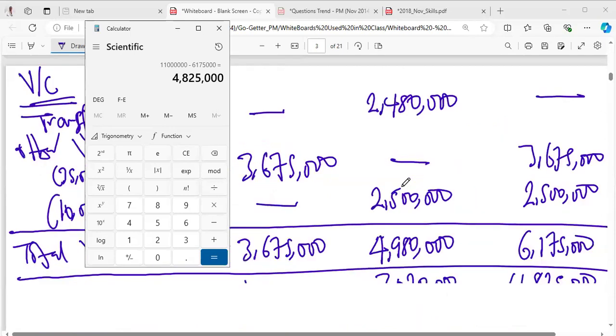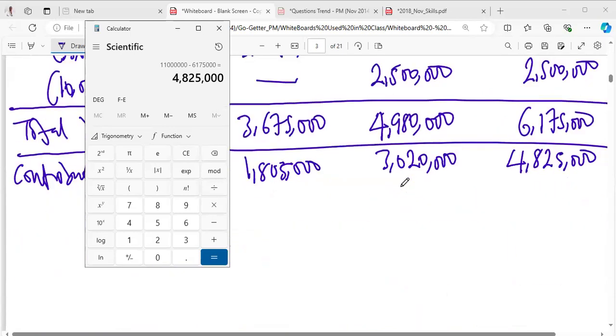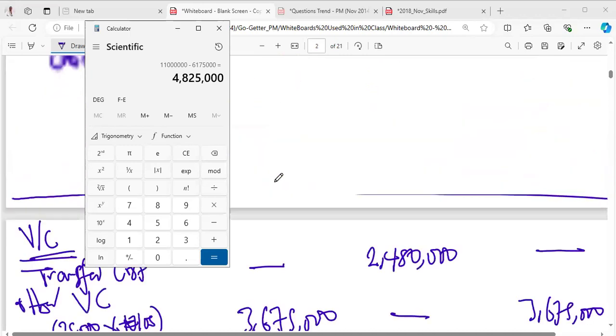Now, why did it happen so? It is because, remember that 4,000 quantity that was given to them at market price? It has increased the contribution of the selling division, and it has now reduced the contribution of the buying division. Now, notice the contribution of the selling division has increased to 1,850,000 from 1,000,000.